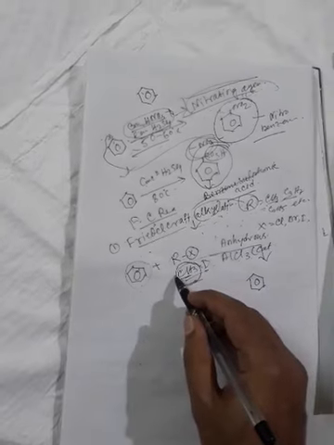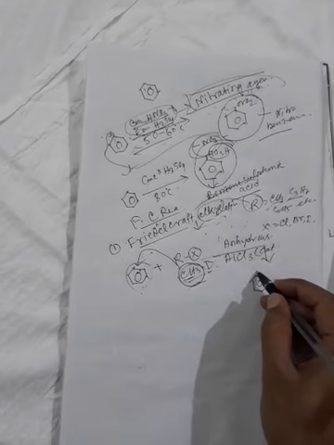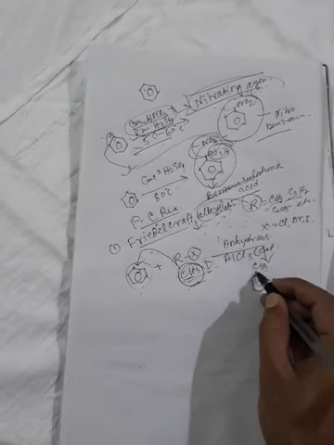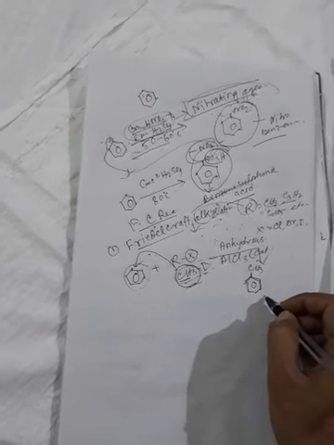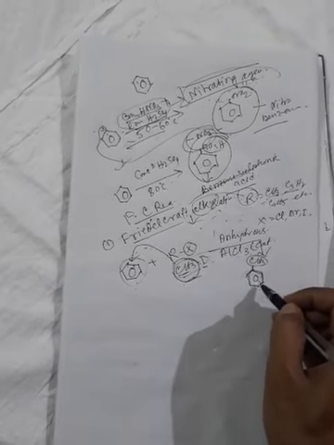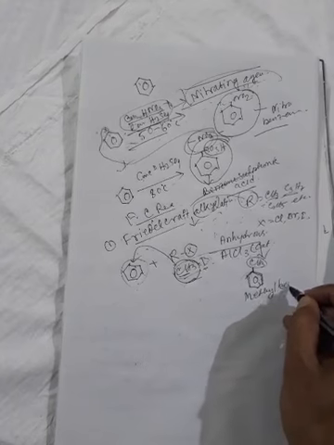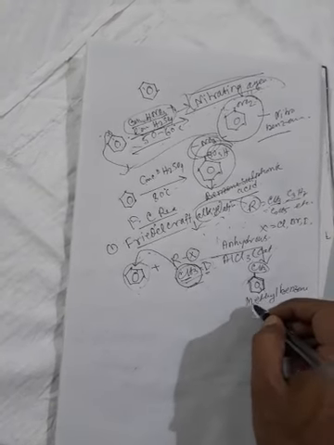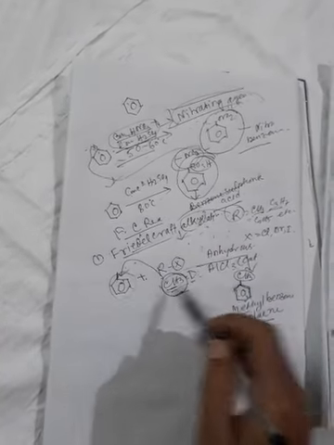CH3 is attached to benzene and we get methyl benzene, whose common name is toluene. Friedel-Crafts alkylation means the alkyl group enters the benzene ring.